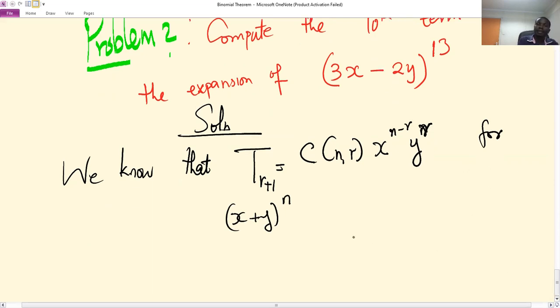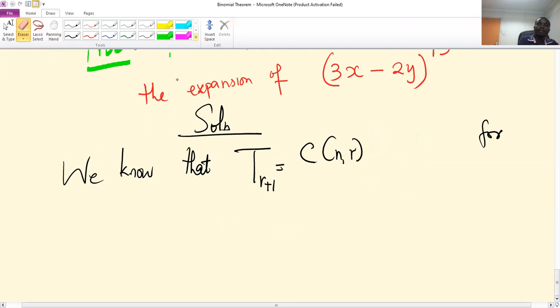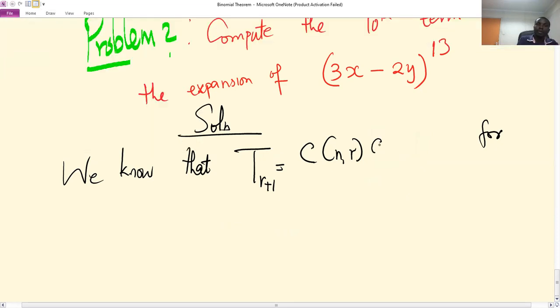So in this case, let's say this is a and this is b, for (a + b) raised to the power n, with a to the power n minus r and b to the power r.